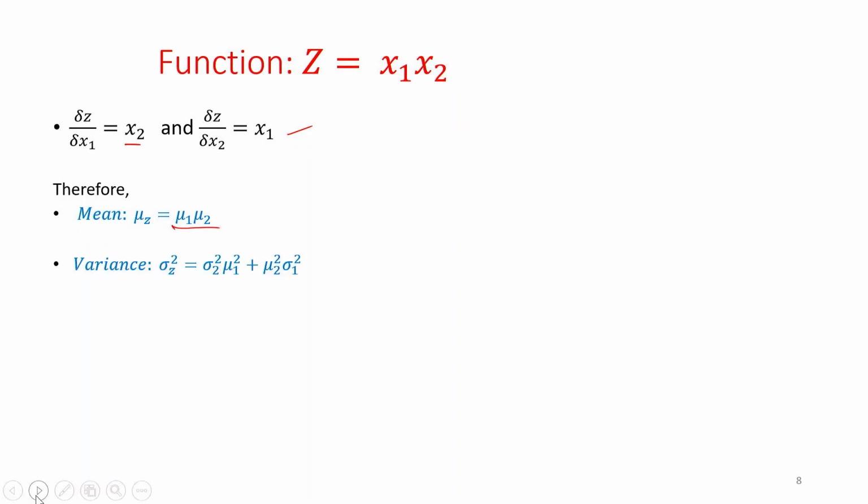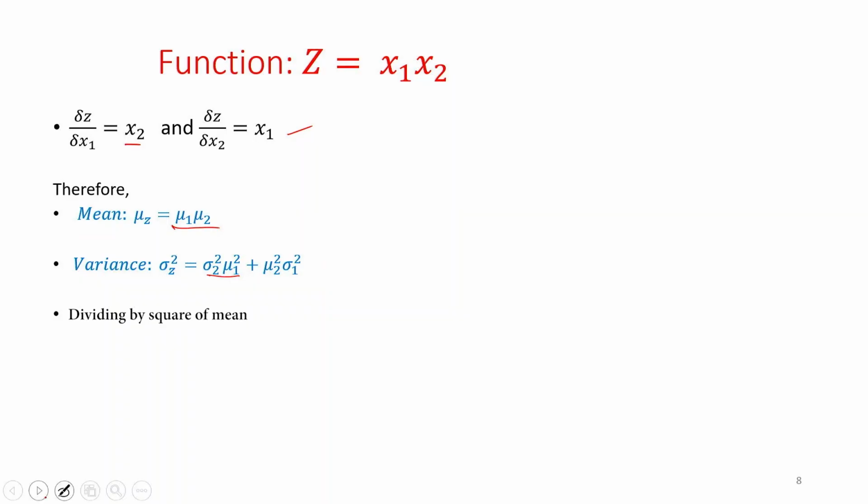And the variance is going to be sigma 2 square mu1 square plus sigma 1 square mu2 square. You have to go back to the previous slides where we wrote how the variance is related to the variances of the variables.